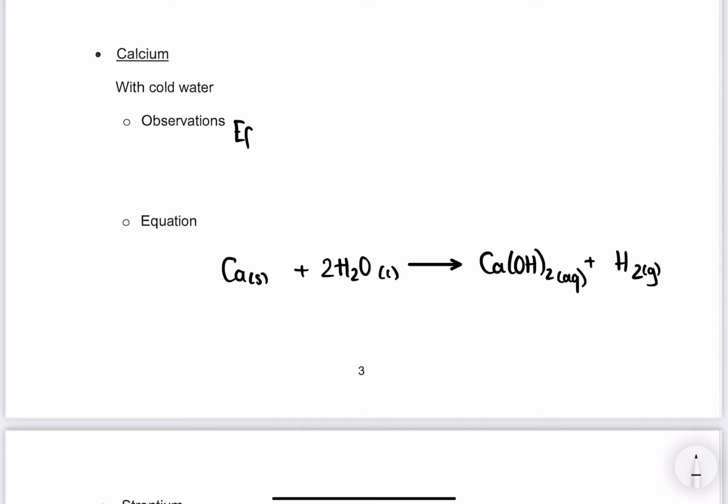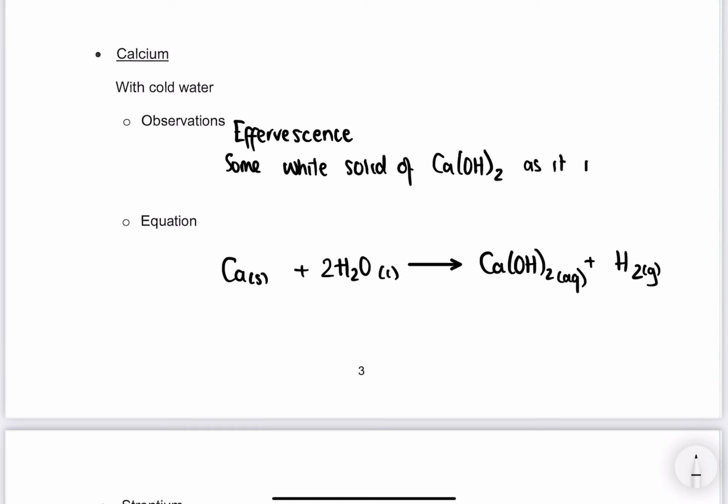This is also a much faster reaction, so we will see plenty of fizzing, some effervescence due to the hydrogen gas, and some white solid of calcium hydroxide, as it is slightly soluble.